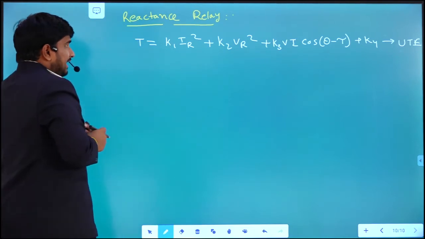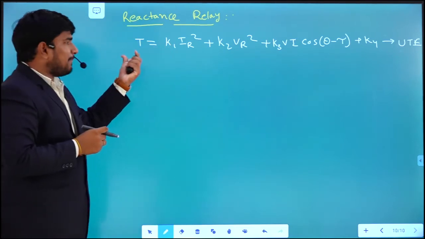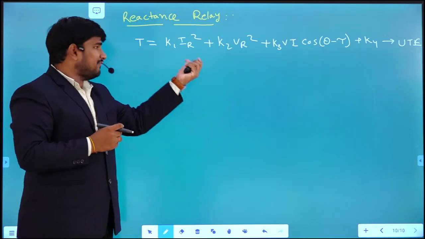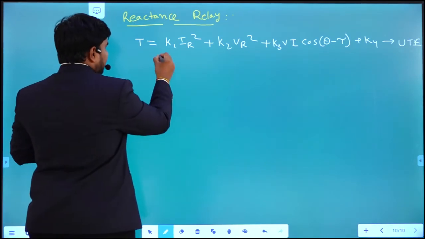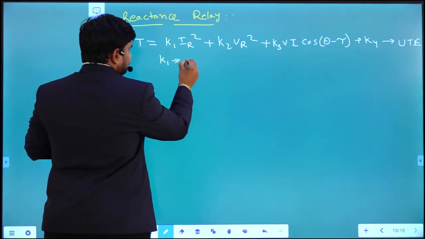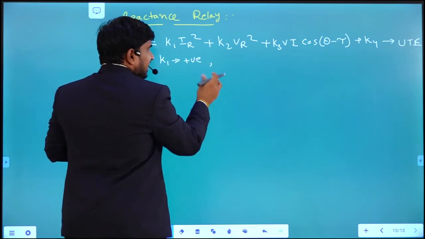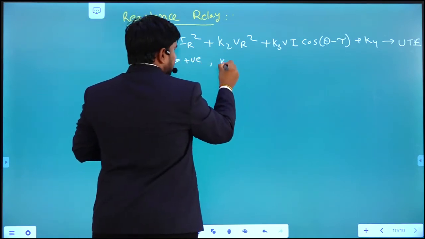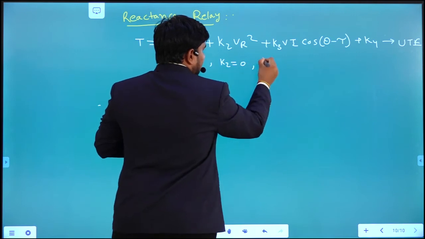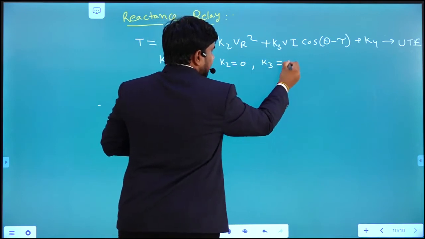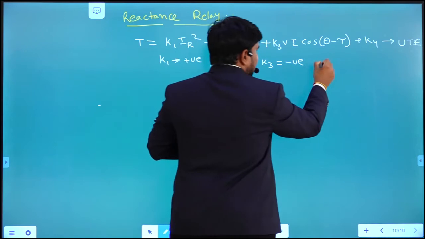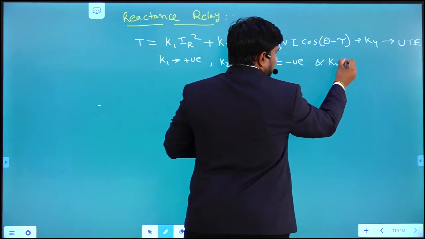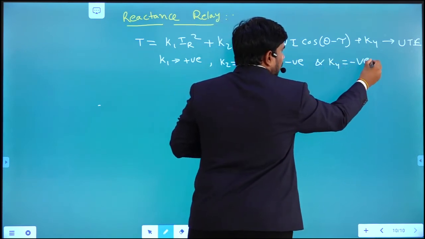Now in case of reactance relay, what are the parameters to be taken? The one is K1, I will take as positive. Here I will neglect K2, that means K2 as 0, and K3 as negative, as well as K4, which is a spring constant and is always a restraining quantity.